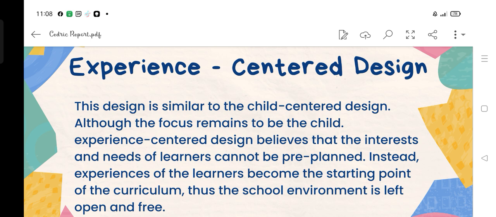Constructing, at saka relating, and others. The emergence of multiple intelligence theory blends well with experience-centered design curriculum. Kung natatandaan nyo pa ang multiple intelligence theory, ayan.